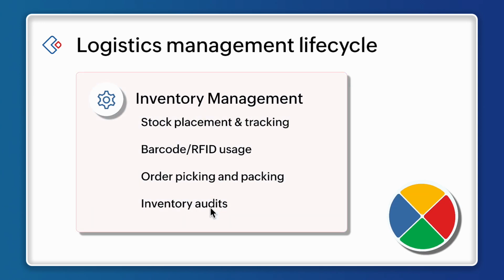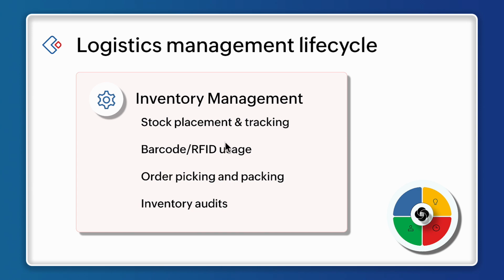And then the inventory management. So this particular stage is a critical component of logistics, right? So this particular stage focuses on maintaining the right stock levels, ensuring the accuracy and enabling fast error-free fulfillment. So based on the product that you have inside your inventory or inside your stock, you will be allocating the orders, right?